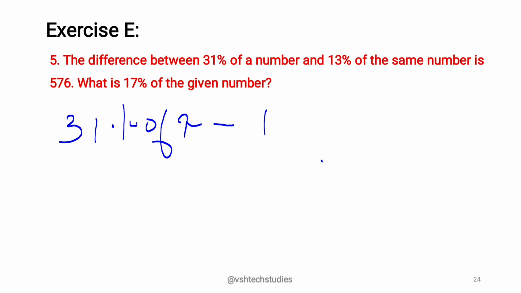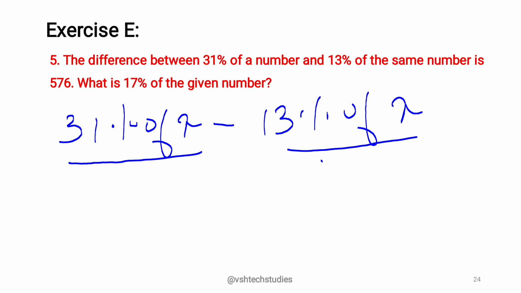Same number means x. 13% of x. So the difference between 31% of a number and 13% of a number is equal to 576. What is 17% of the given number?